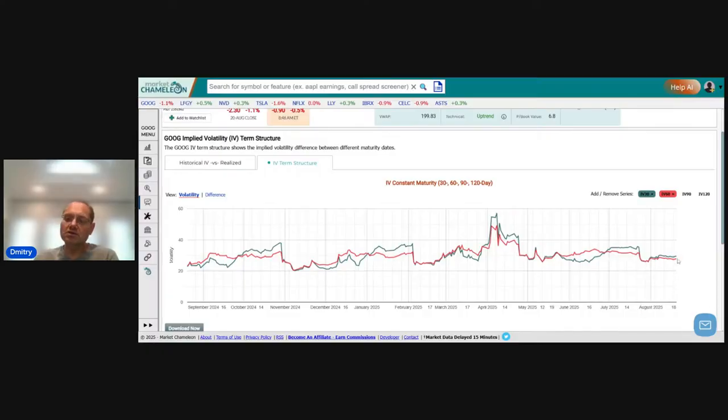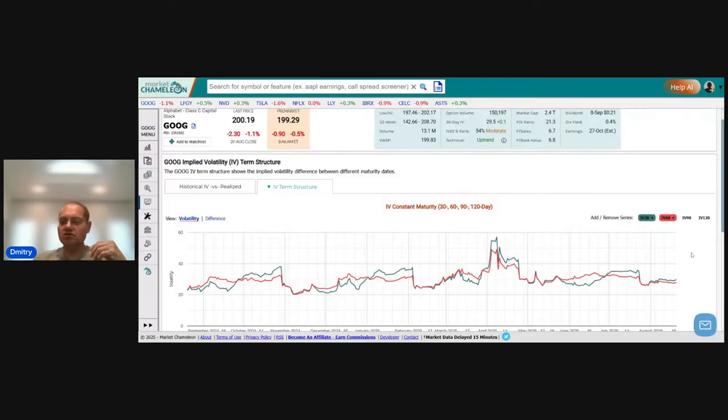Like right now, they seem closer together than other times in history where we've seen them diverge from each other. So this is creating a visual for us of the implied volatility based on maturity, relative to each other.